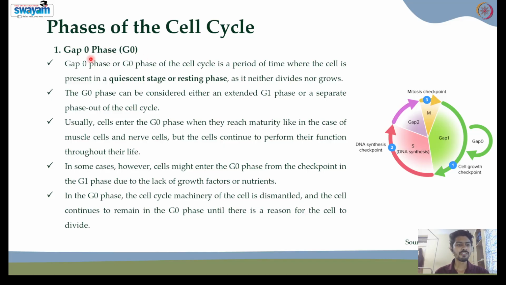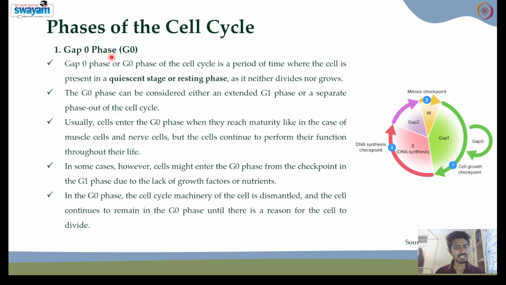The first phase is the G0 phase, or gap 0 phase, of the cell cycle. What happens here? This is a period where the cell is present in a quiescent state or resting phase.